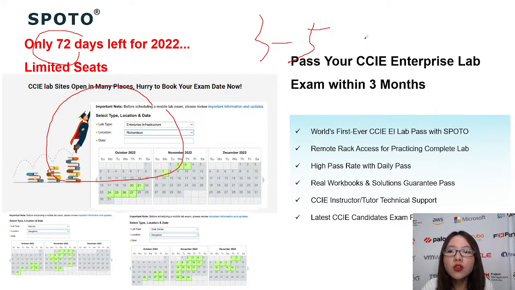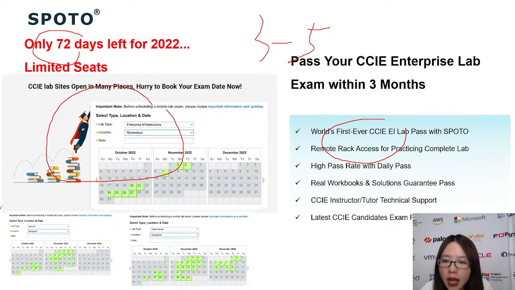No. If you choose Spoto, we will help you to pass the CCIE exam within 3 months. So, we not only have a high pass rate on a daily basis, but also offer remote rack access and CCIE tutor technical support, which can help you hasten your CCIE journey well.